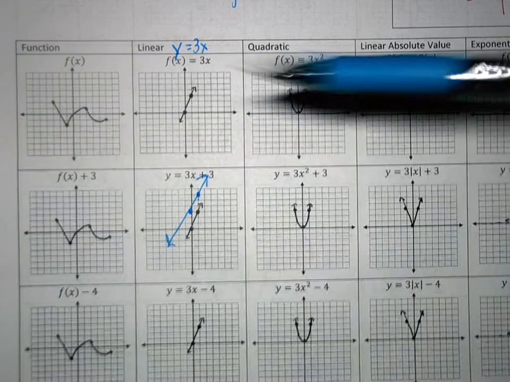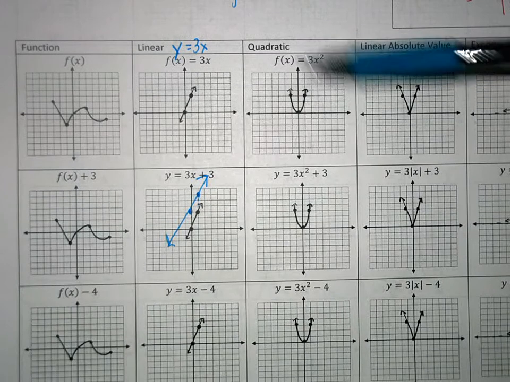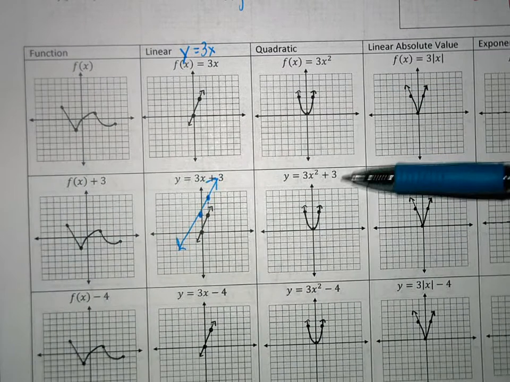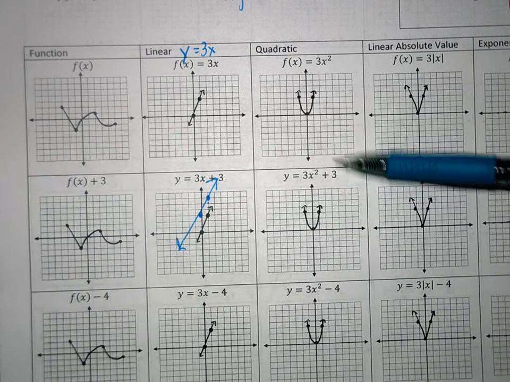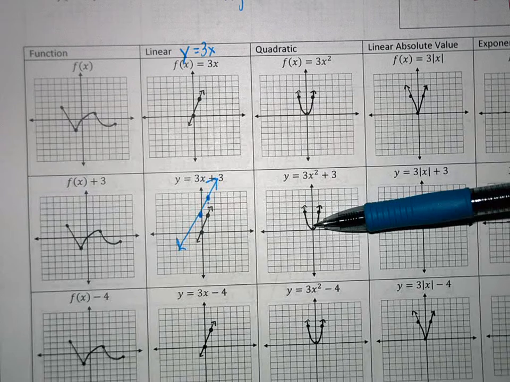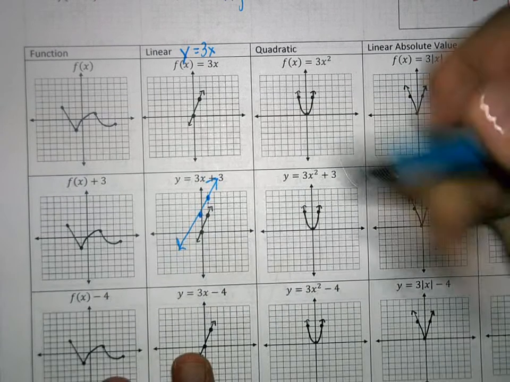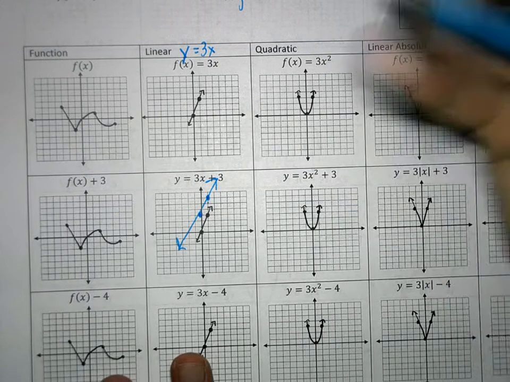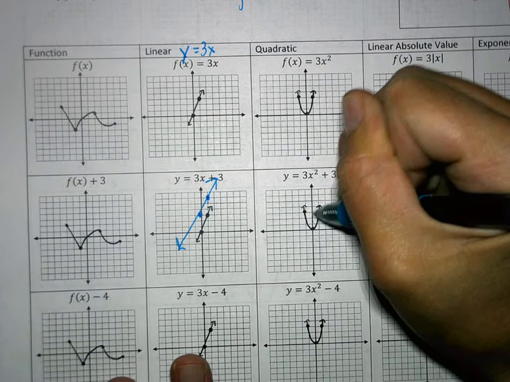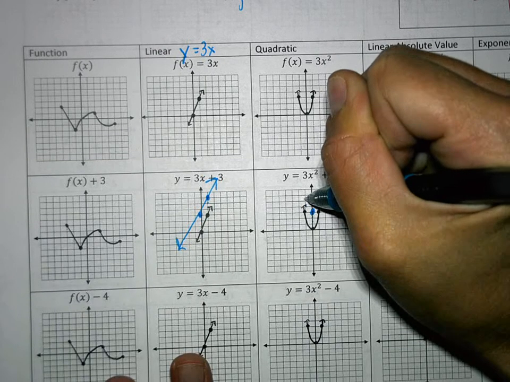So here we have our quadratic function. Again, this is our parent graph. And then on this one it says plus 3. So all we're doing is we're taking this graph and we're going to translate it up 3. And so we're going to do the same thing. We're going to go to each of these points on here and we're going to go up 1, 2, 3, up 1, 2, 3.